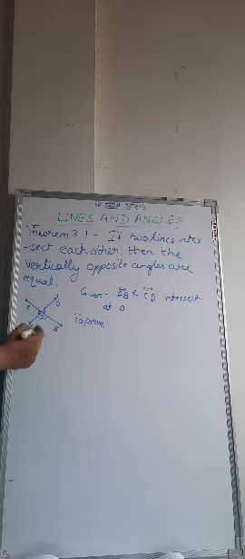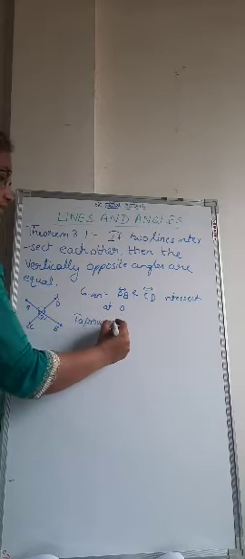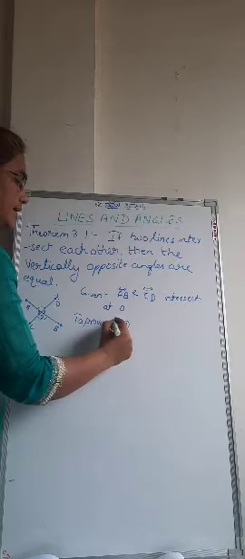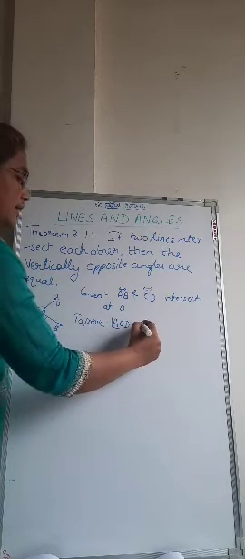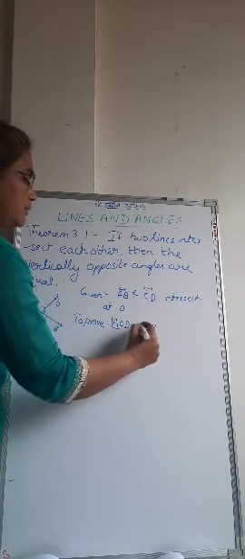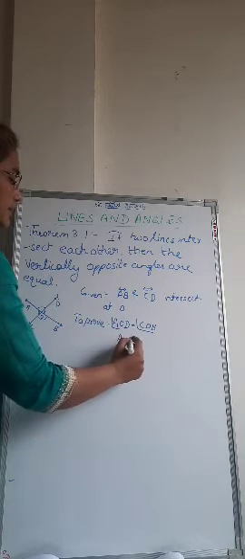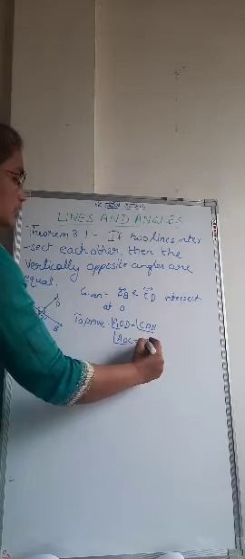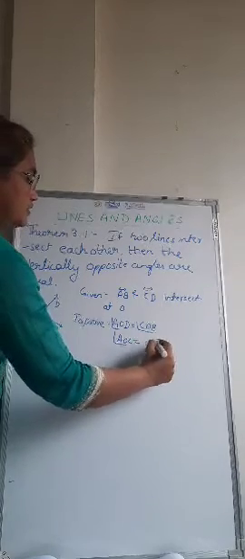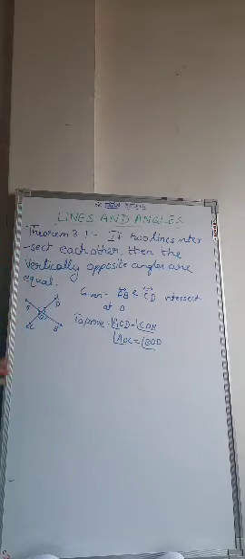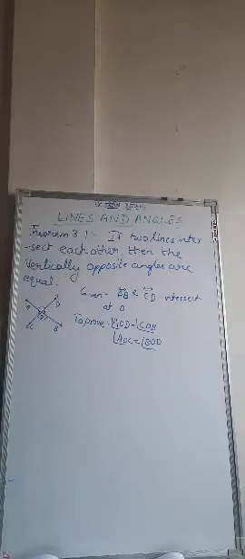What we have to prove? These two are equal. That means angle AOD is equal to angle COB or BOC, anything we can write. Next, angle AOC is equal to angle BOD. This we have to prove.